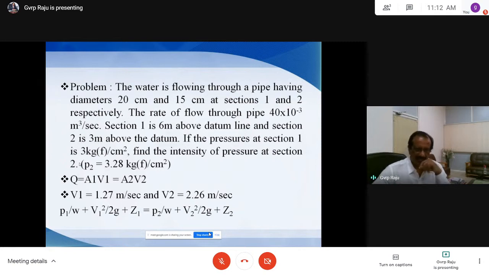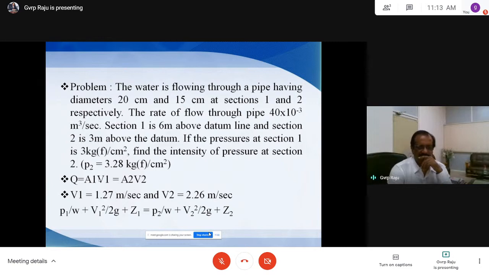And D1 is known here, so A1 is equal to pi by 4 D1 square. So pi by 4, converting into meters, into 0.2 whole square. And the velocity V1 you can find out. So V1 is equal to Q by A1, which is equal to 1.27 meters per second.